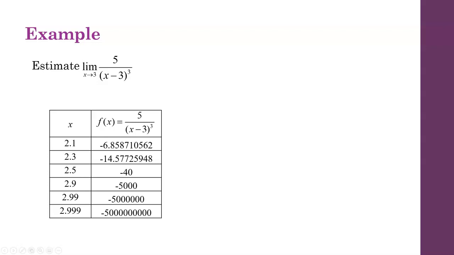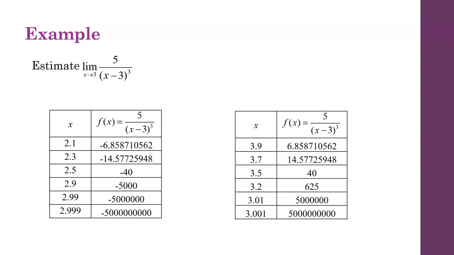So it's a very large negative number. And if I approach my x close to 3 from the right side, we get a similar situation. I get larger and larger values, but in this case, the values are all positive.